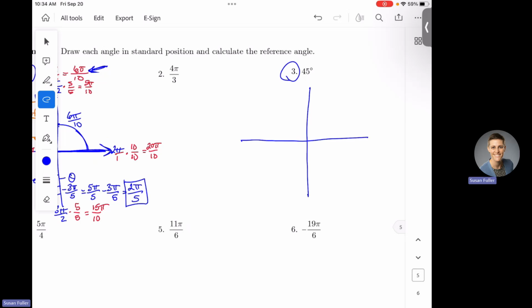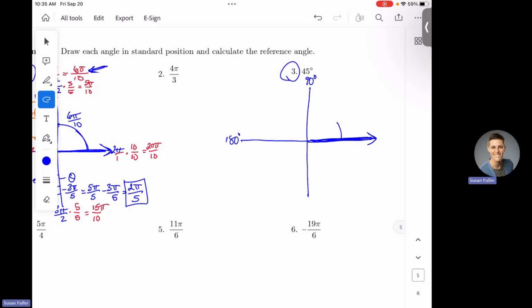Okay, this is a positively rotating angle. So again, I'm going to start at the positive x-axis. That's my initial side. And it's a positive angle, so I'm going to start rotating up. And I'm going to go counterclockwise. And I just have to figure out how far to go. So again, my landmark points here, this time in degrees, this is 90 degrees up here.